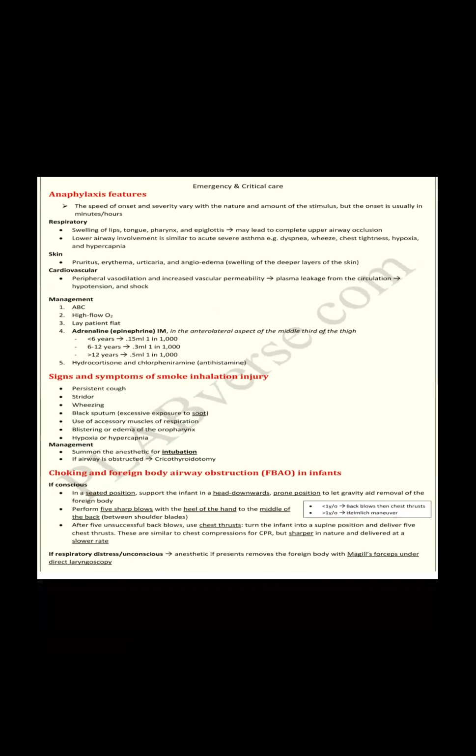Anaphylaxis is a common exam question, and they ask it in two ways. Just shortly, I'll discuss this anaphylaxis question. The speed of onset and severity vary with the nature and amount of the stimulus. Sudden swelling of lips, tongue, pharynx, angioedema may lead to complete upper airway occlusion.